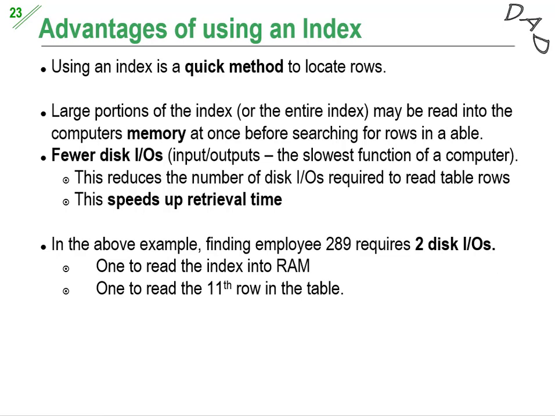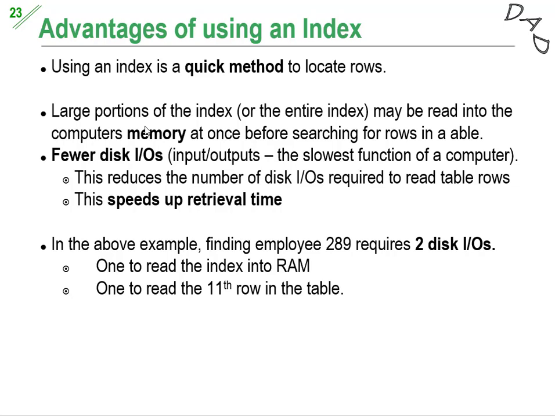Advantages of using indexes. One of the key advantages of using an index is that it's a quick method to locate a particular row or rows. That is the main advantage. And also a large portion of the index can be read into the computer memory at once, right? So basically it makes accessing the record faster, doesn't it?